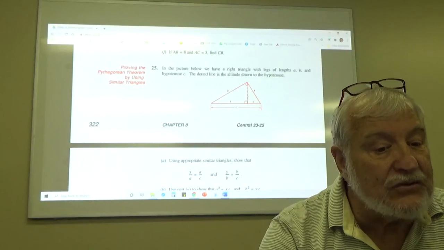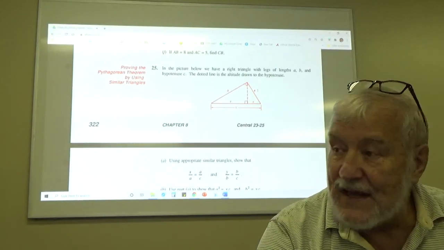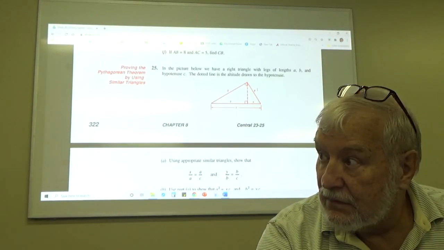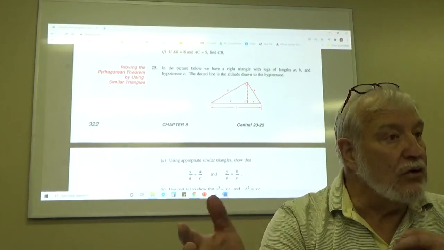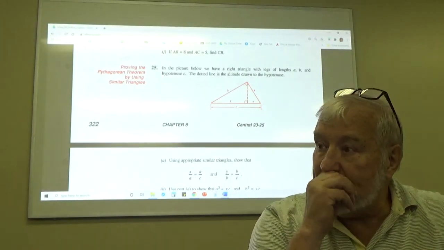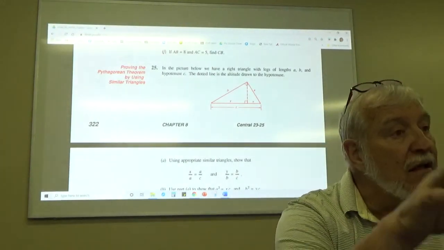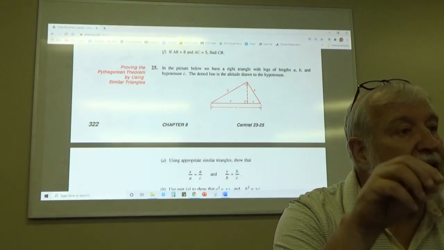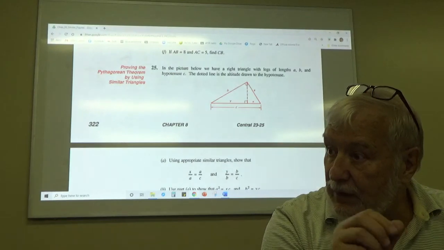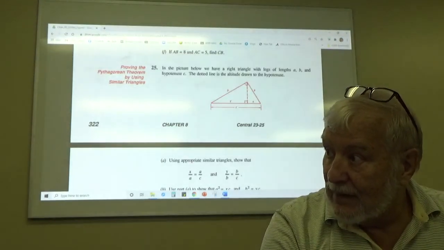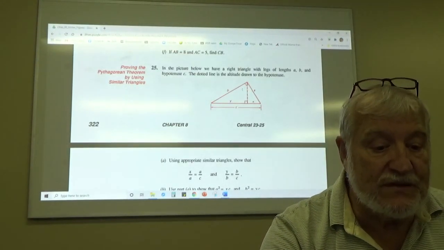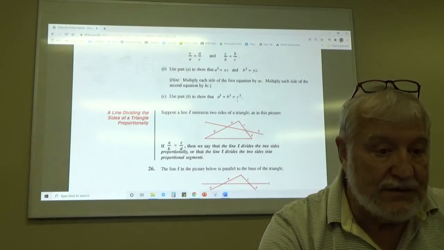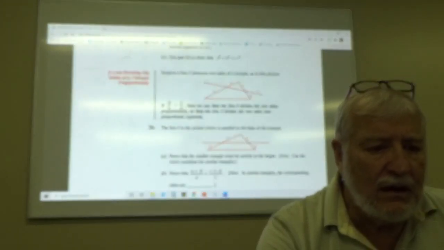And in the big triangle, the short leg is A. Okay, and then you can move those around, but you've got to be able to see those three triangles and then understand that they are similar in proportion. All right, and that's what allows you to do those things that we just did. All right, and so that will help you there.